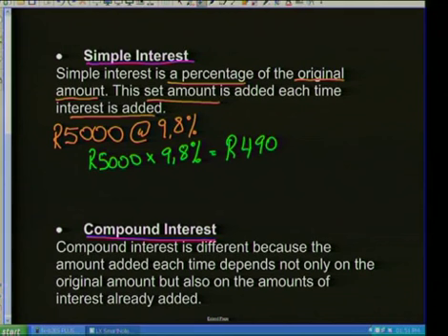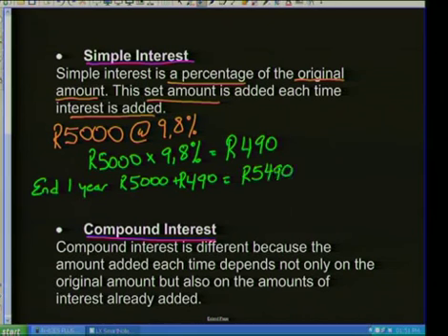So at the end of 1 year, you're basically going to have in the bank account this 5,000 Rand plus this 490. So you're actually going to have 5,490 Rand.